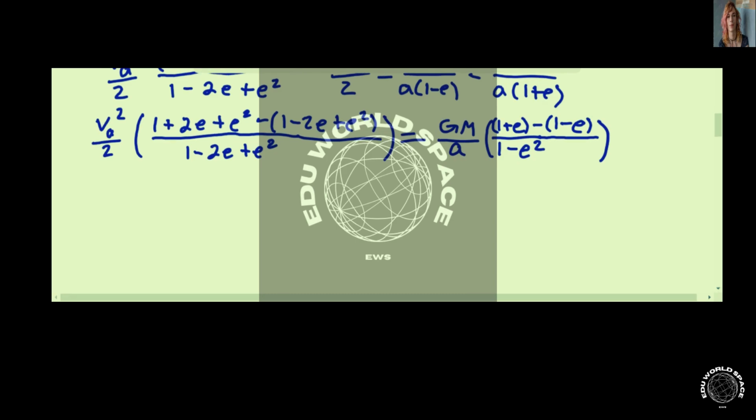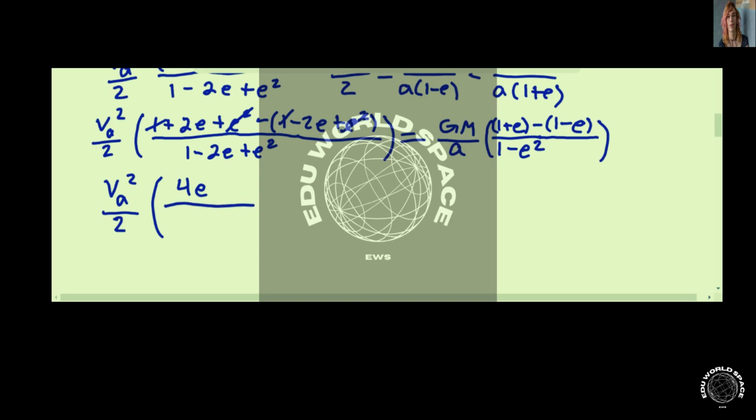All right, simplifying. VA squared over 2 out front times 1 minus 1 goes away. 2E minus negative 2E means that turns into 4E. Positive E squared minus E squared, those go away.